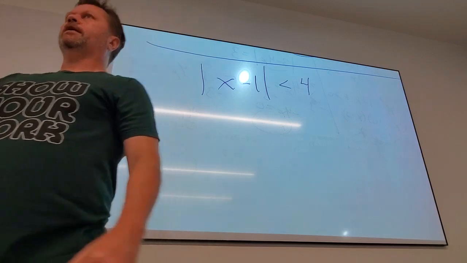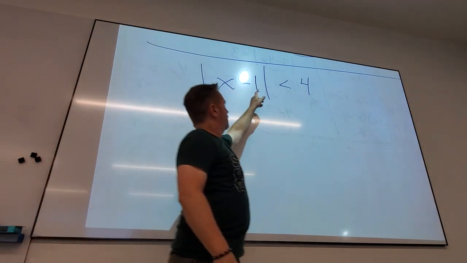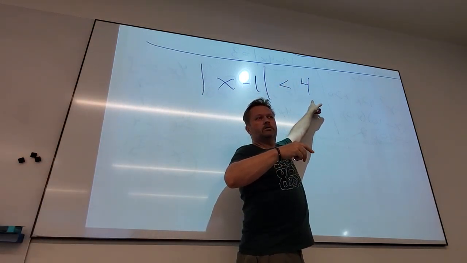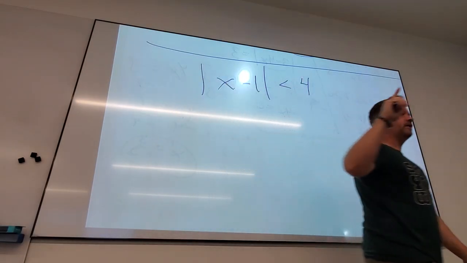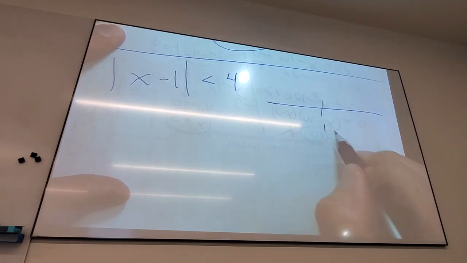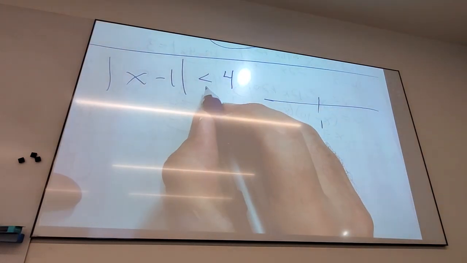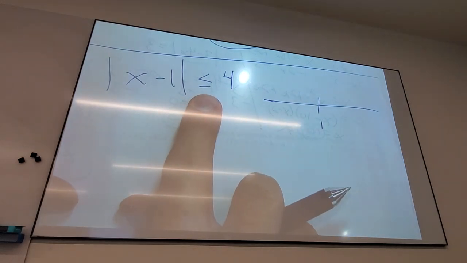So let me say this. This one says the distance between a number and 1 is at most 4. So I can't get further away from 1 than 4. So let's figure out the answer less algebraically, more visually. So here's 1. Can everybody just make that less than or equal to?